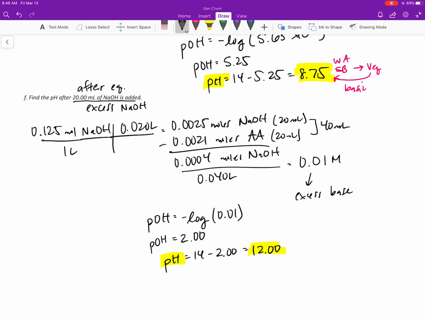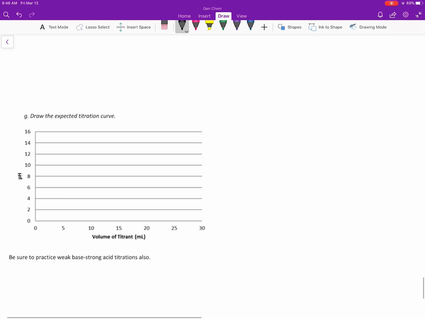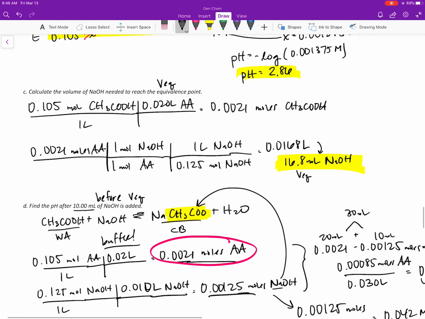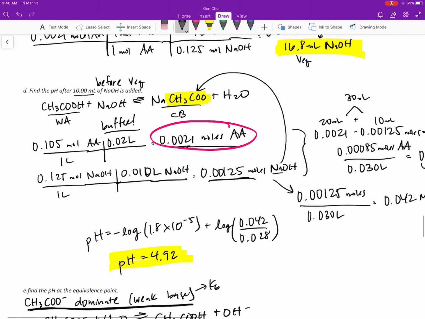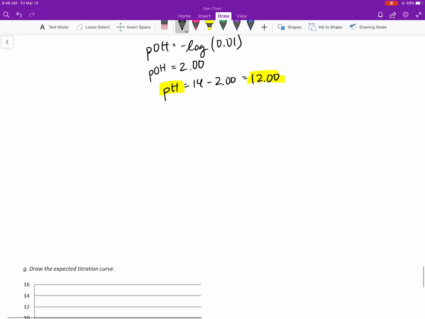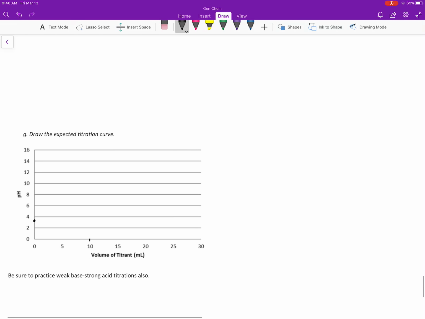And then the last thing we're going to do is graph it. So to start off with, my pH was about, let's make sure I get this right, 2.86. And my equivalence volume, well, let's do the next one. After about 10 milliliters, the pH was about 4.92, so that's kind of halfway between here.